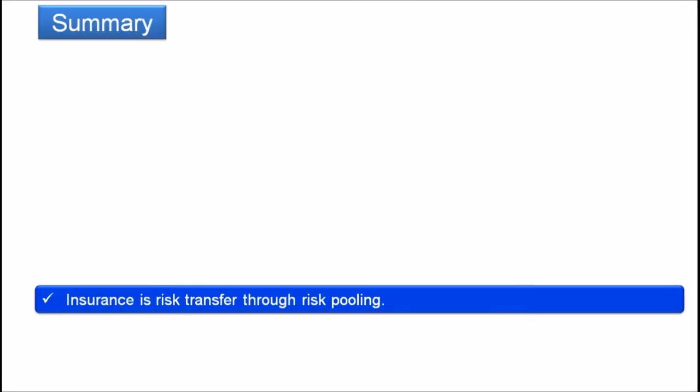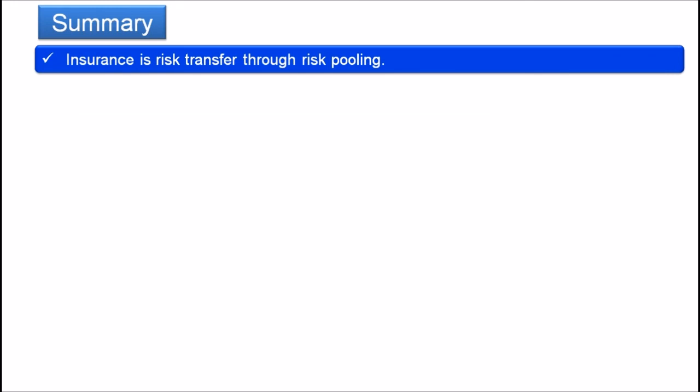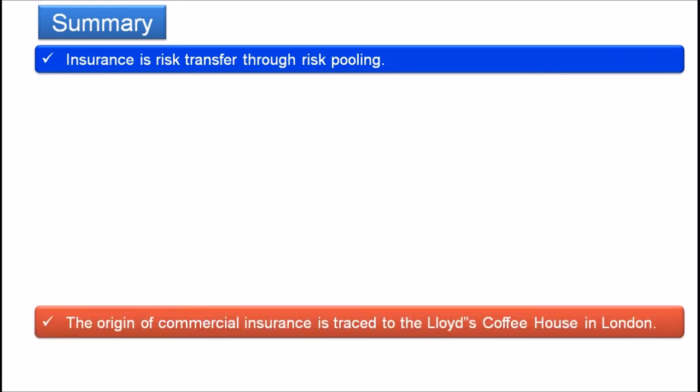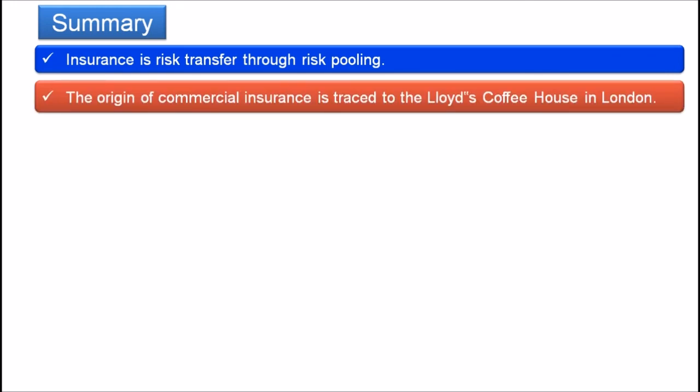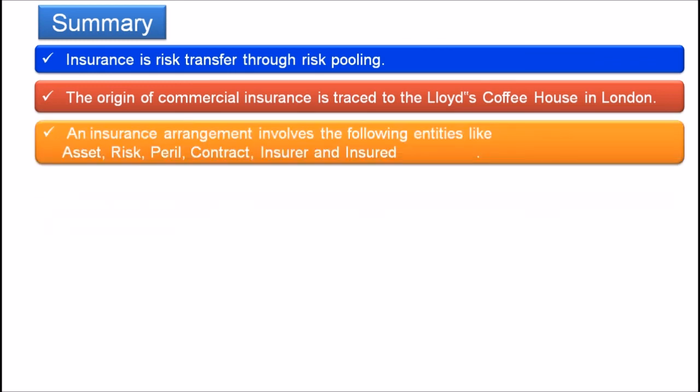Dear friends, now we have learned that insurance is risk transfer through risk pooling, what I said at the beginning of this lesson. The origin of commercial insurance is traced to Lloyd's Coffee House in London. This is very, very important friends. An insurance arrangement involves the following entities: asset, risk, peril, contract, insurer and insured.